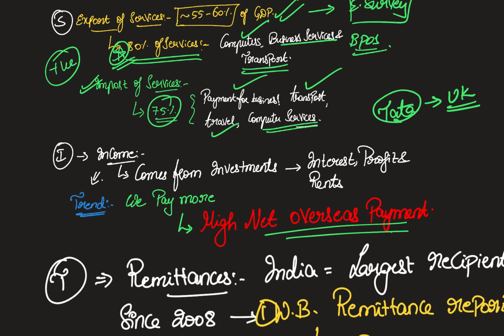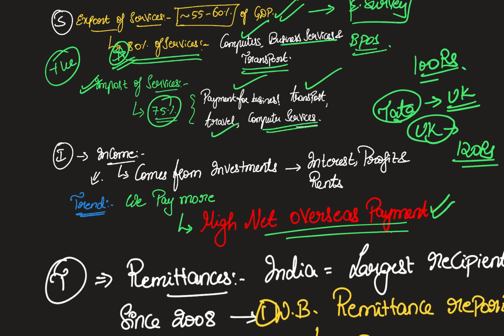If Tata is earning 100 rupees from its investments abroad, for simplicity we are taking only one country, UK, and some company from UK is investing in India and is generating 120 rupees because of the sheer size of the domestic consumption market, then we are having a net overseas payment which is in favor of UK. So we are having an imbalance.